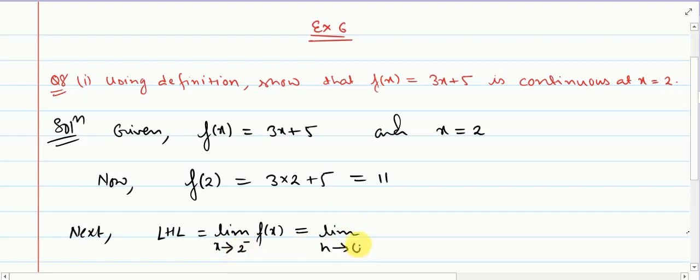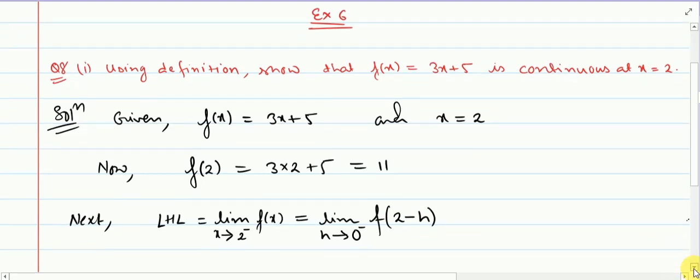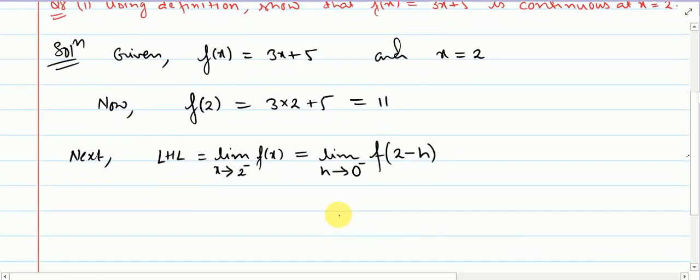Here we'll write 0, and here minus will put negative, and then f of this 2 minus h. Okay, 2 minus h. So f of 2 minus h will be given by this formula.